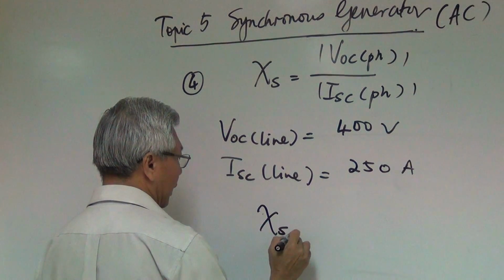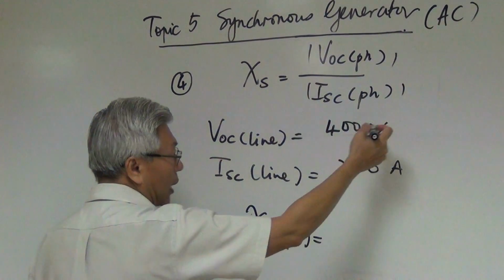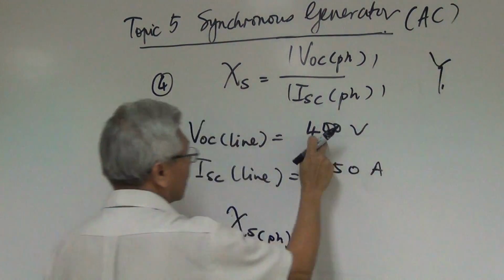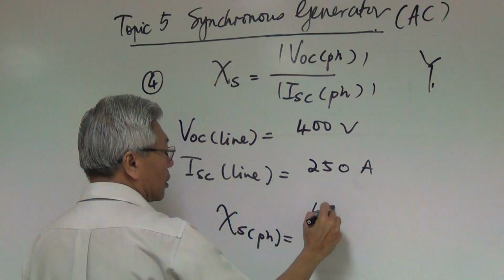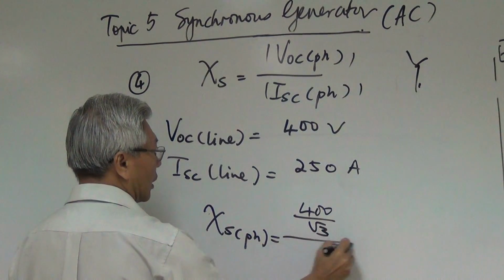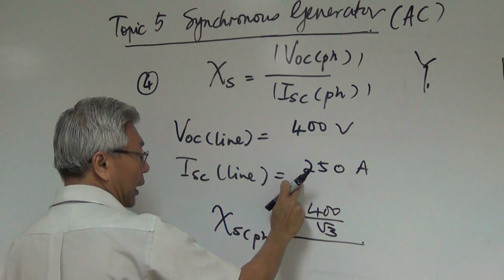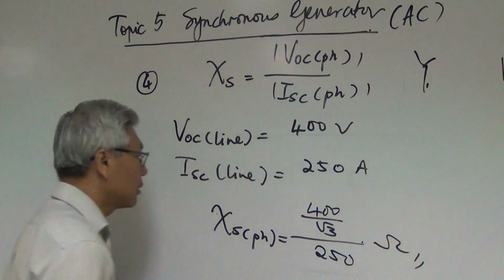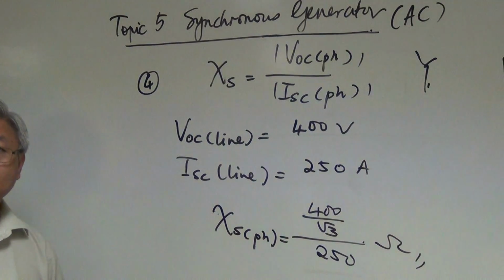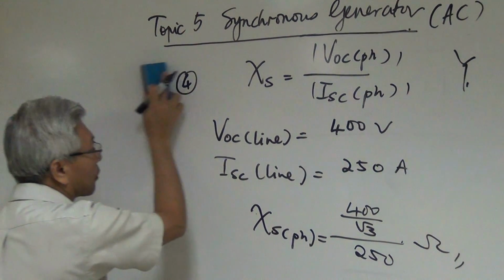Synchronous reactance per phase, that's one phase, will be equal to phase voltage. It's a star connected circuit, so how do you convert this into phase voltage? Divide by square root 3. How about current? It should be the same. Phase current and line current are the same. So that is your synchronous reactance value. Okay, so that's point number 4.